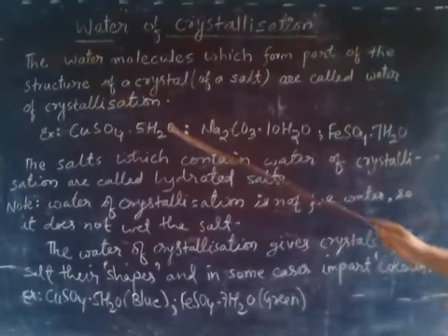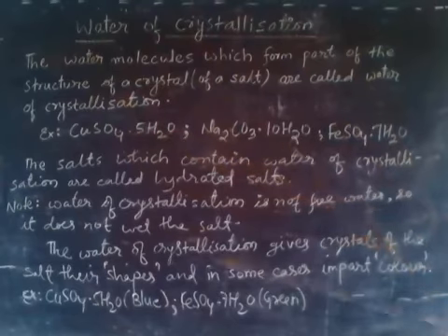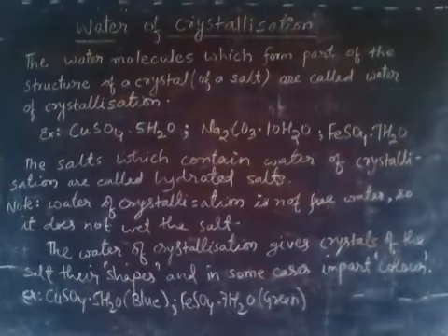So these water molecules 5H2O, 7H2O, 10H2O, 2H2O, half H2O. You have seen gypsum, CaSO4·2H2O. You have seen plaster of Paris, that is CaSO4·½H2O. So dot half H2O means that it contains half a water molecule.